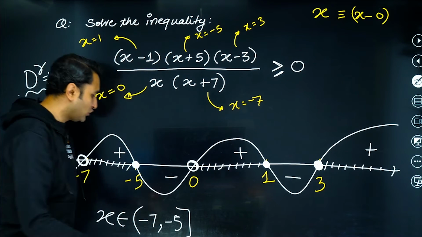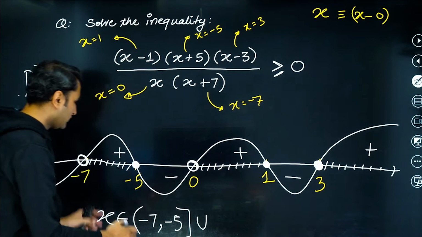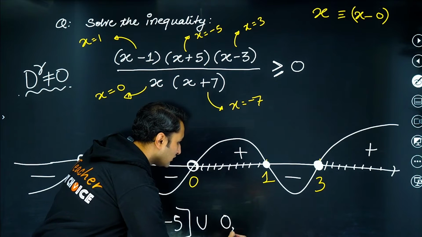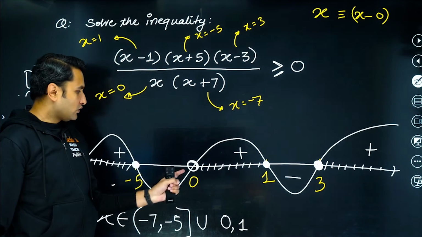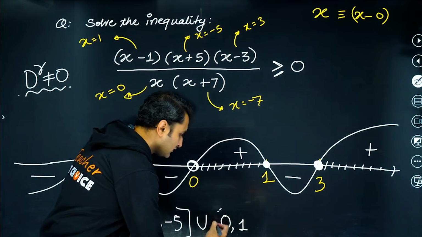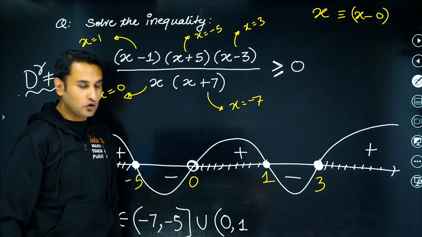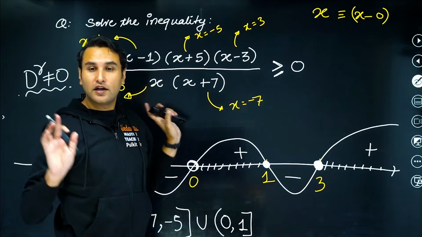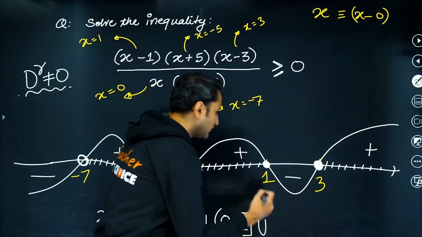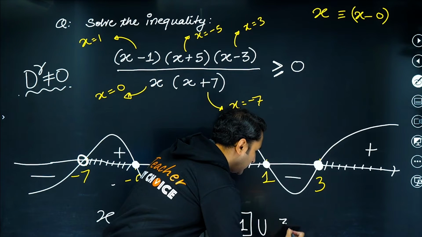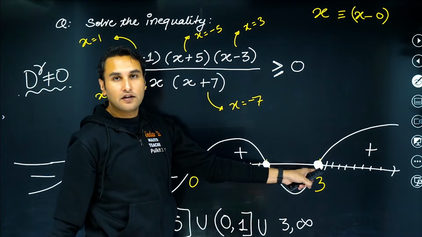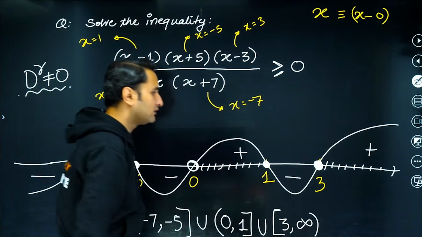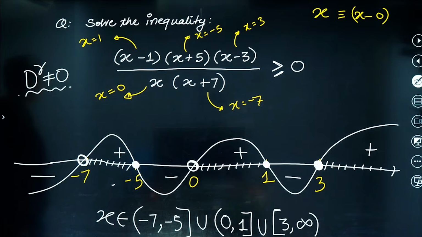Yes, I can include minus 5. Union, 0 to 1: 0 cannot be included, as the denominator will be 0, open; 1 closed, as 1 will make the numerator 0. Union, next positive portion, 3 to infinity, 3 closed, infinity open. This is your answer.